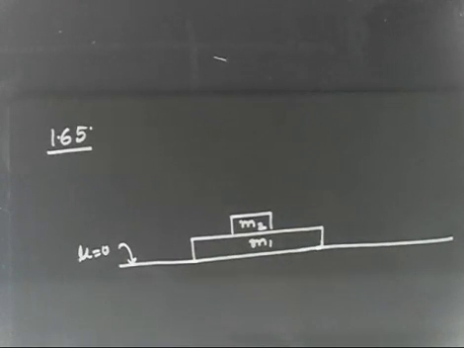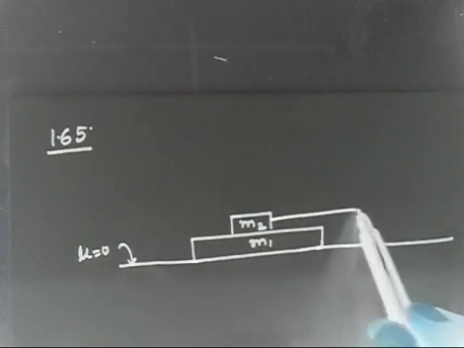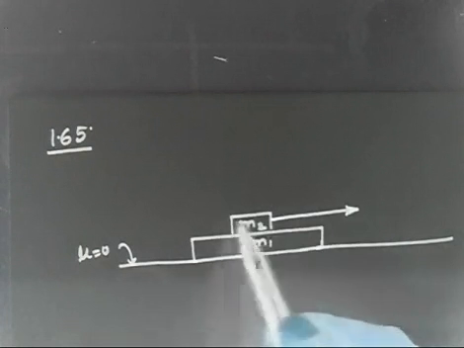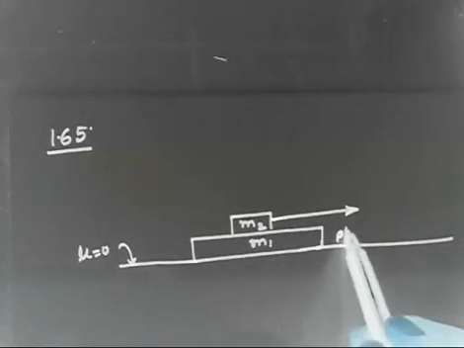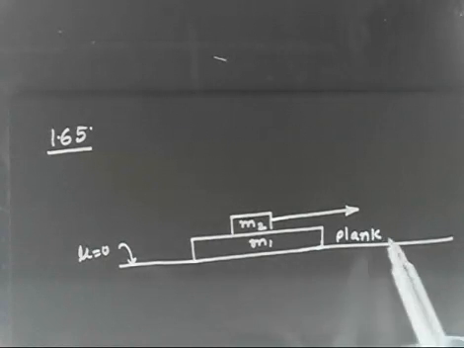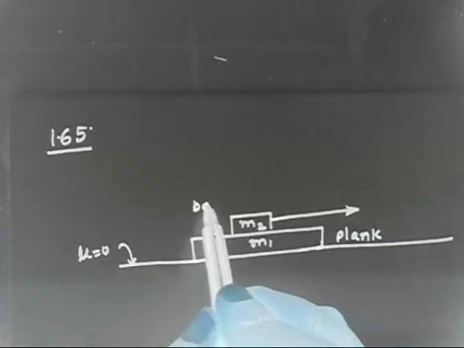Are you getting? Now what the next says, a horizontal force growing with time as a function F = at is applied to the bar. So there is a force that is applied on this bar. So this one is the plank, the lower one is the plank, and the upper one they are calling a bar.